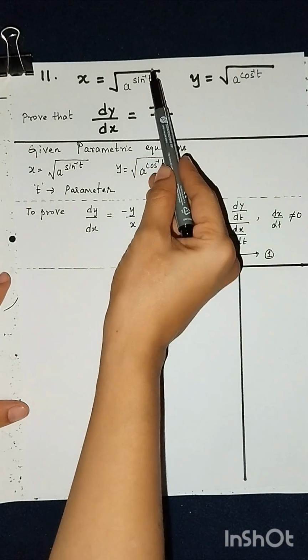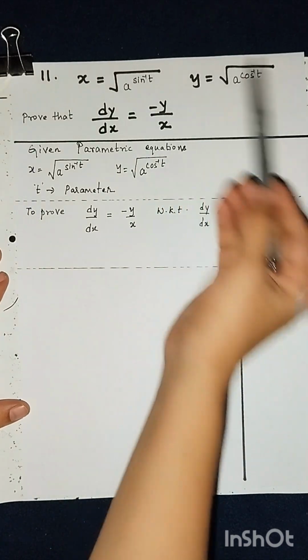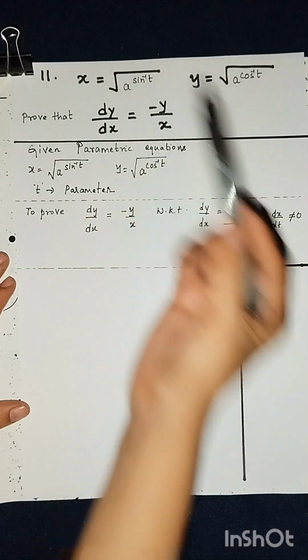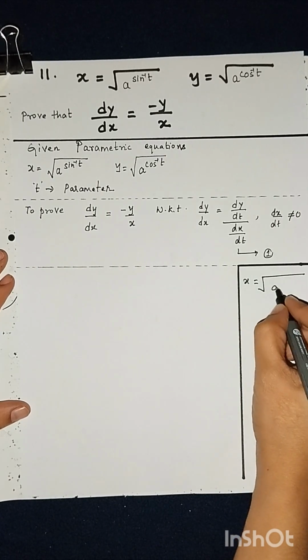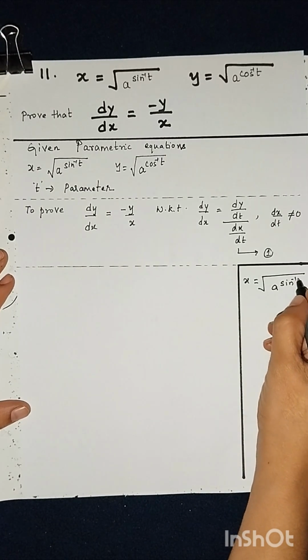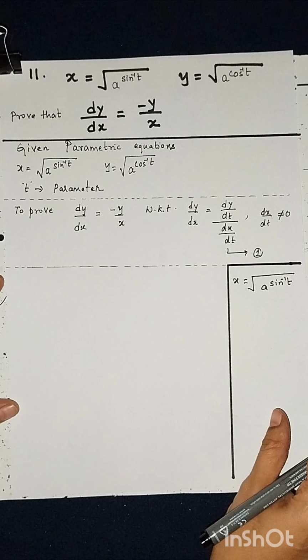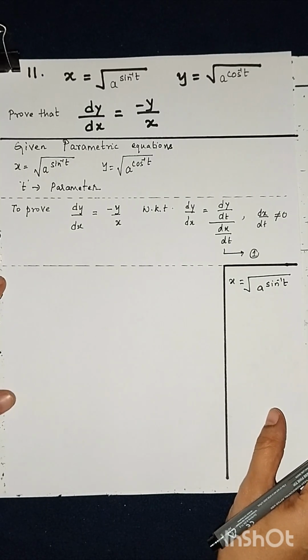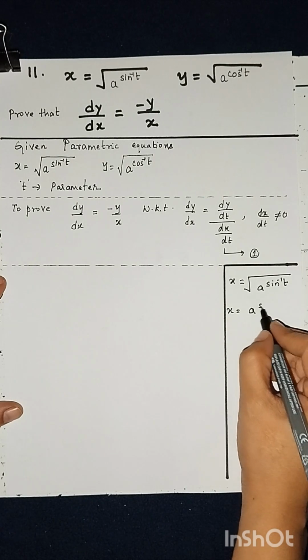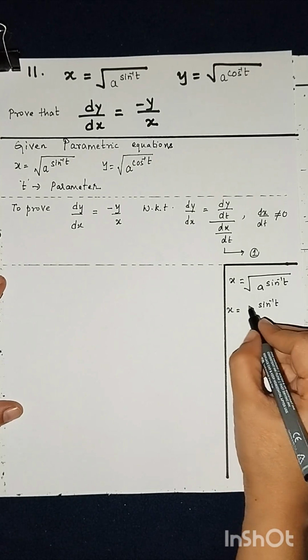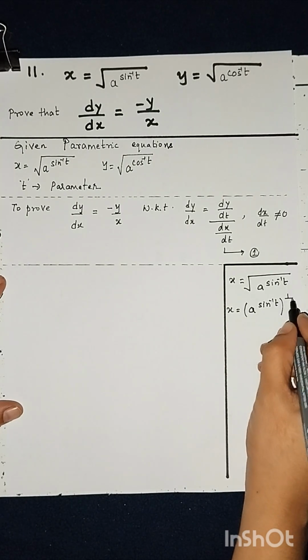So let us differentiate the two parametric equations. Here we have x is equal to square root of a to the power sine inverse t. Now we can write this as x equal to a to the power sine inverse t, to the power 1 by 2.